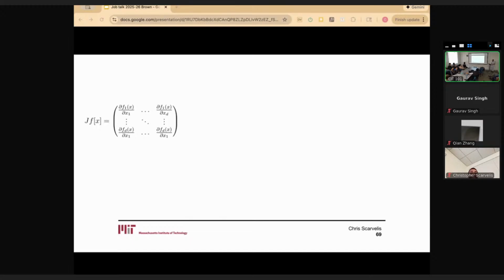So the first step is going to be to compute a Jacobian matrix. That's a matrix of partial derivatives that PyTorch can compute for you automatically. For high-dimensional functions, like the ones we typically see in deep learning, that's going to be large and very expensive to compute, but that's not going to be our main obstacle just yet. We'll see how to deal with that issue in a couple of slides.